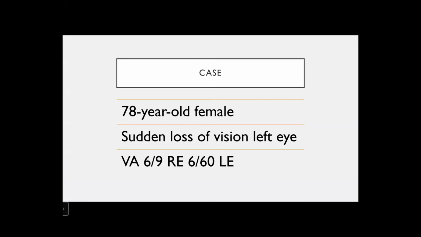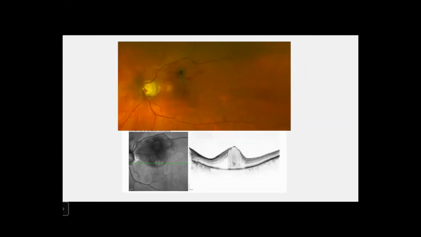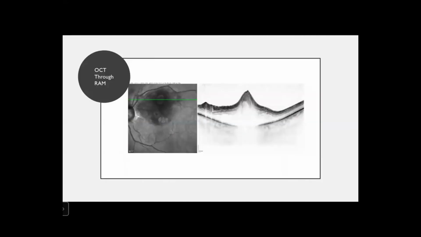My second case is a 78-year-old female who again noticed sudden loss of vision in the left eye. Vision is 6/9 on the right, 6/60 on the left. If you look, she has marked macular edema and macular hemorrhage with a supratemporal retinal artery macroaneurysm.